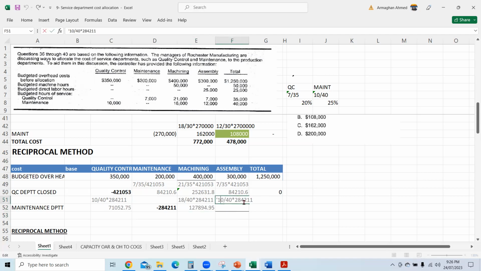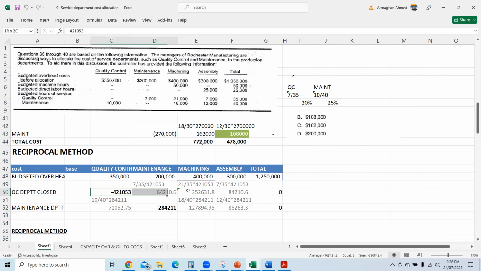And what percentage will be here? 12 divided by 40, into this, right? So we have allocated, let's total this. 0, right? So this 421, right?